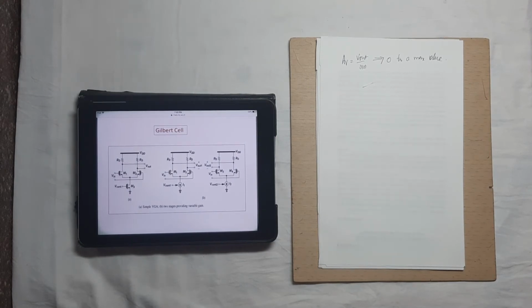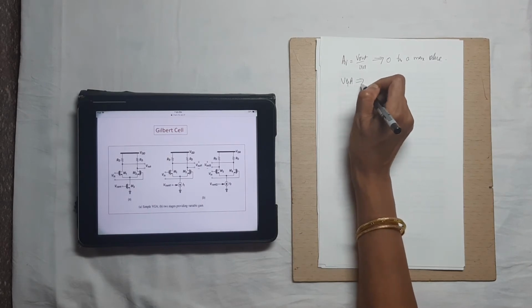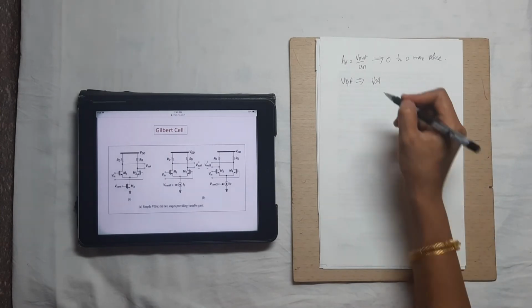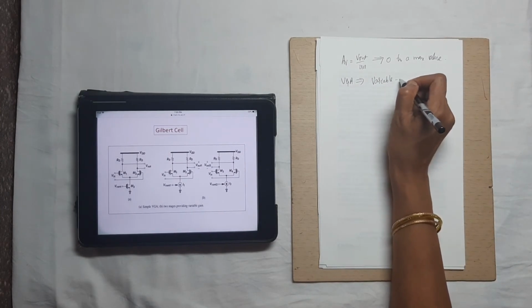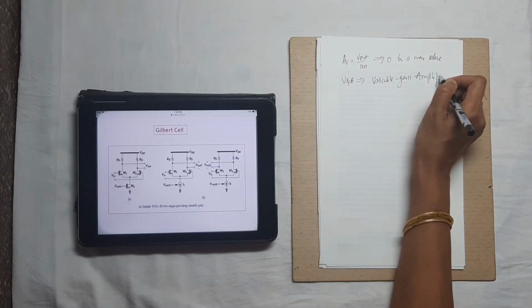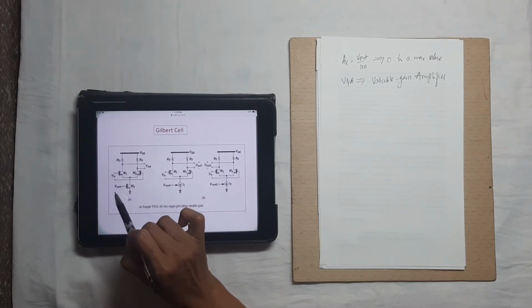This circuit is known as the VGA. VGA indicates variable gain amplifier. Why variable gain amplifier? Because the gain depends upon this control voltage.